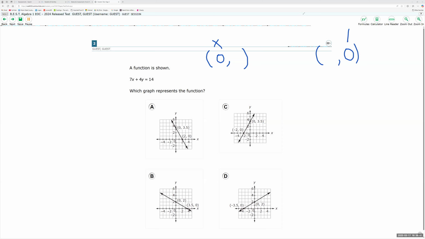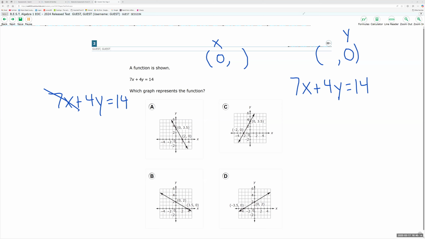So we need to do this 7x plus 4y is equal to 14 twice, once for each intercept. Let me start with x equals 0. When x is 0, 7 times 0 is 0, that is gone.